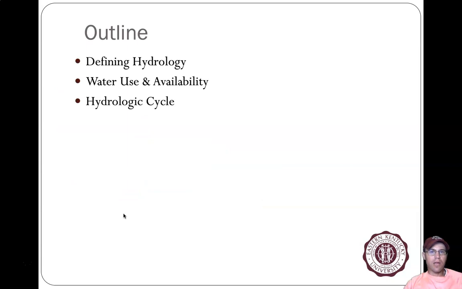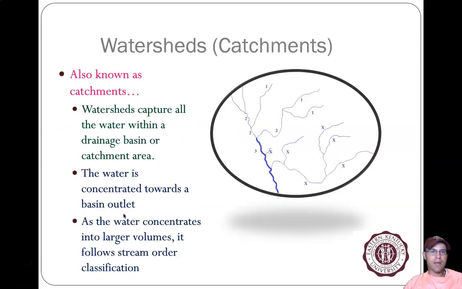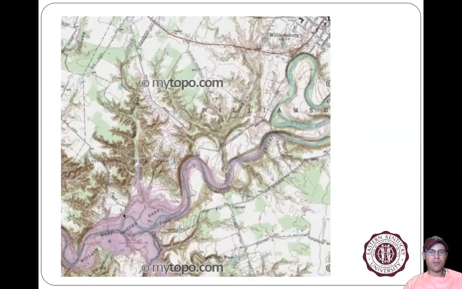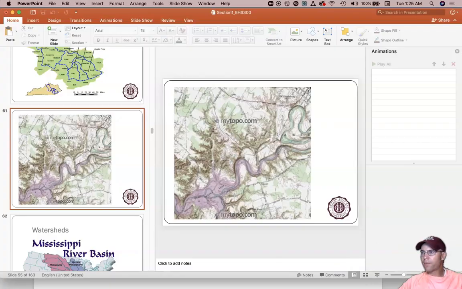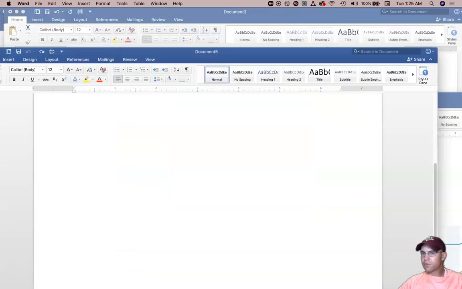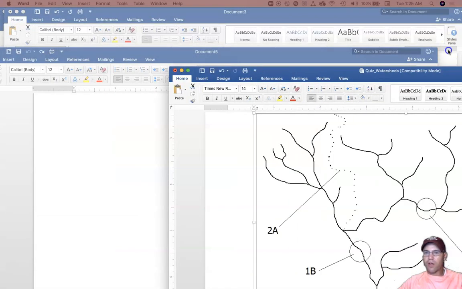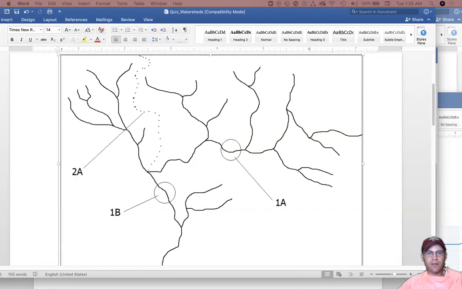I'm going to pull up a picture here. I've done quizzes like this in the past with respect to watersheds, and I've said this dotted line here is not an intermittent stream, it's the high point separating this section over here from this section.